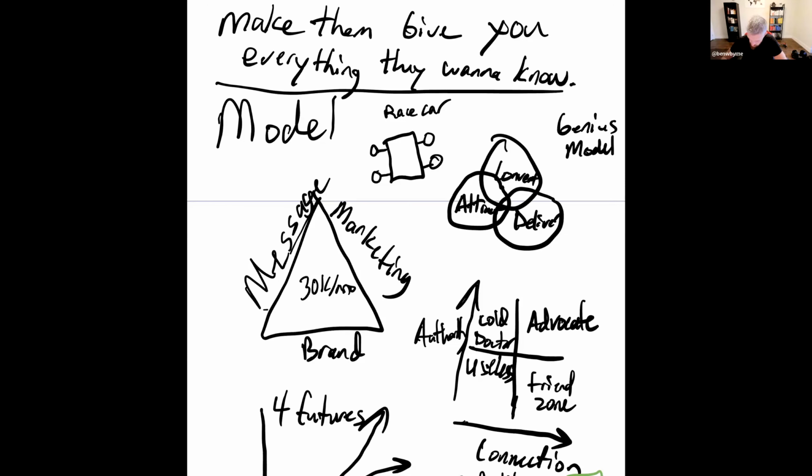And then what we'll do is let's just say on this model of the race car, I'll give it an A for audience, C for calls, C for closes, CL, and then U for upsells, right? And so I'll say, hey, great. These are the different things that go into it.